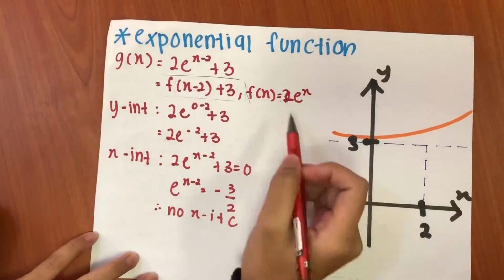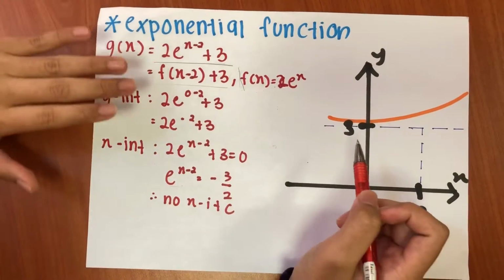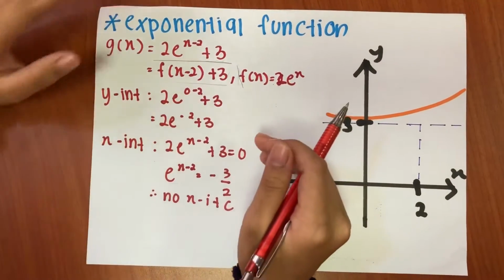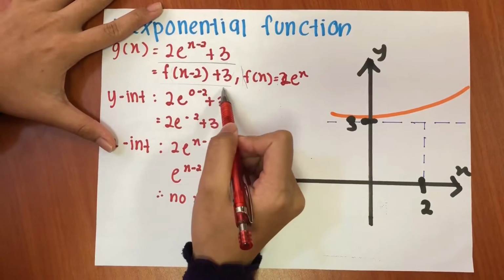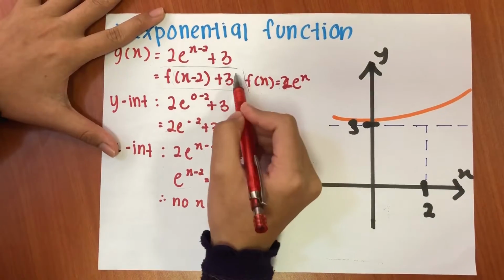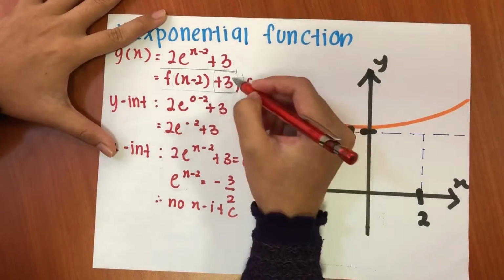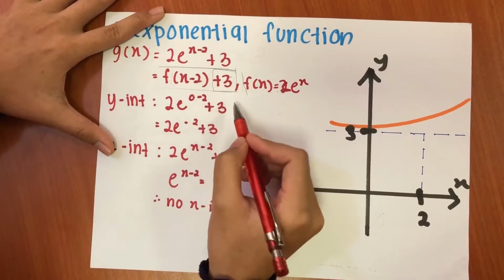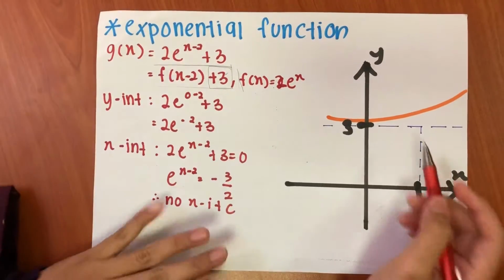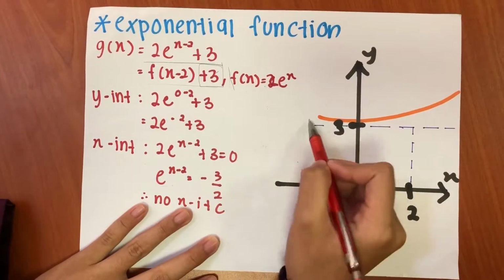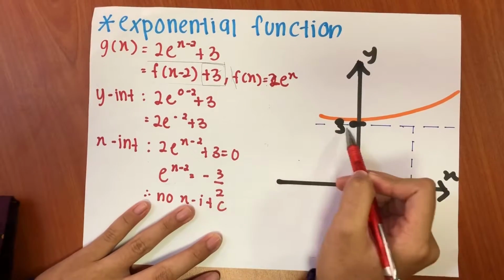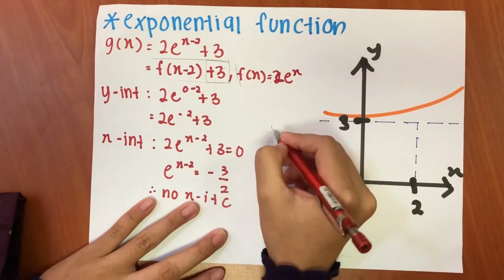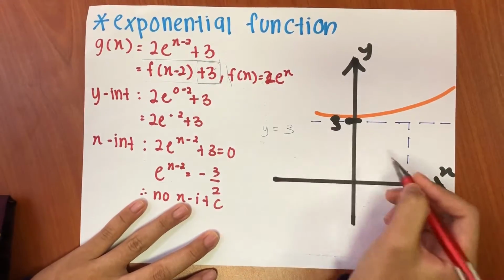Okay, so going back to the factorized function, positive 3 indicates that we must shift the graph upward by 3 units. As you can see, the horizontal asymptote will be equal to 3.